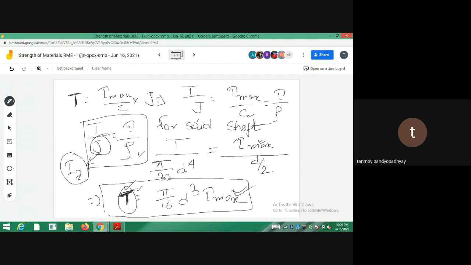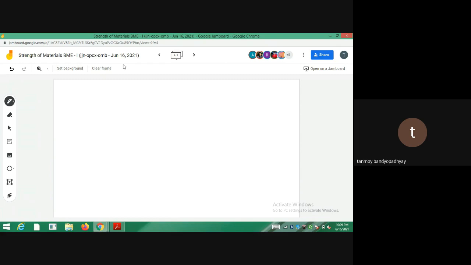That reduces our work. You don't have to go for other shapes or non-uniform torsions. For the case we are considering, it is always Iz, the polar moment of inertia for a circular cross section, which is pi by 32 d to the power 4 or pi by 2 r to the power 4.